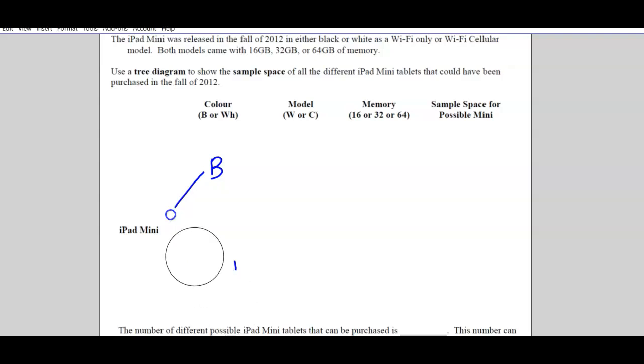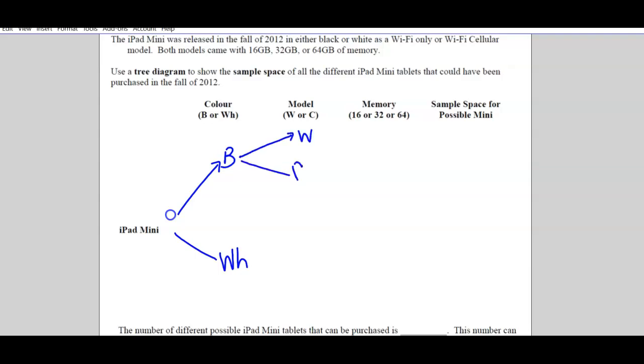Actually, I'll move this up a little bit. Okay. Then, if the color is black, we have a choice of Wi-Fi or Wi-Fi cellular. If it's white, we have that same choice.